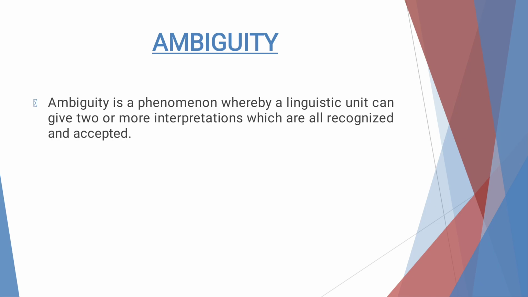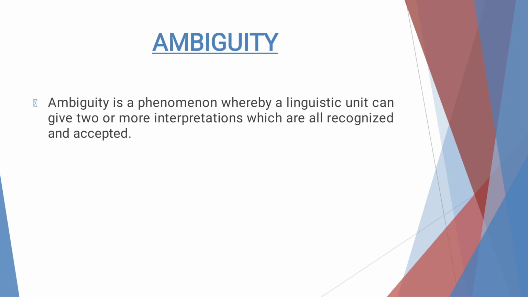Ambiguity. When you talk about ambiguity, we are talking about a grammatical expression or a situation whereby a linguistic unit can give two or more interpretations. And then these two or more interpretations are also recognized and accepted.